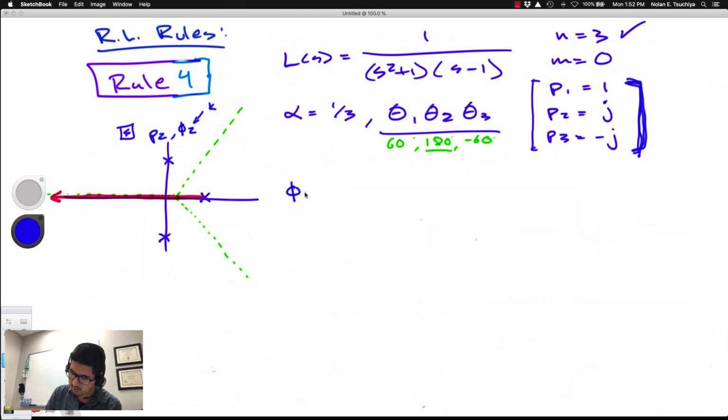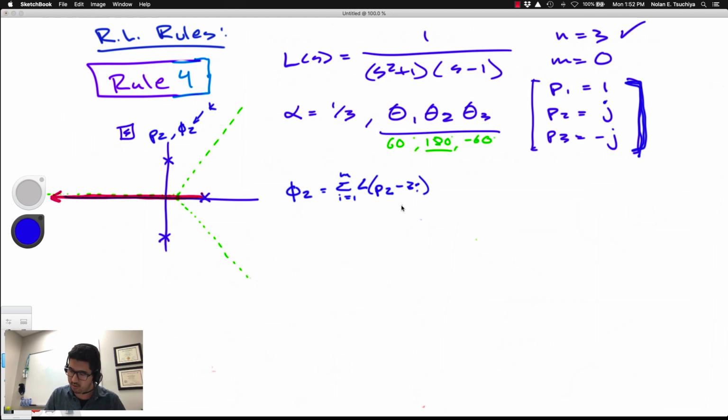Right? So the math for Rule 4 goes like this. I want to find phi sub 2, which means first of all, everywhere I see k in the equation, I can replace it with 2 because I'm trying to find the kth departure angle. And the rule says that first and foremost for the departure angle, I'm looking for a summation through all of the zeros, the summation from i equals 1 through m of the kth pole, in this case p2, minus z_i.